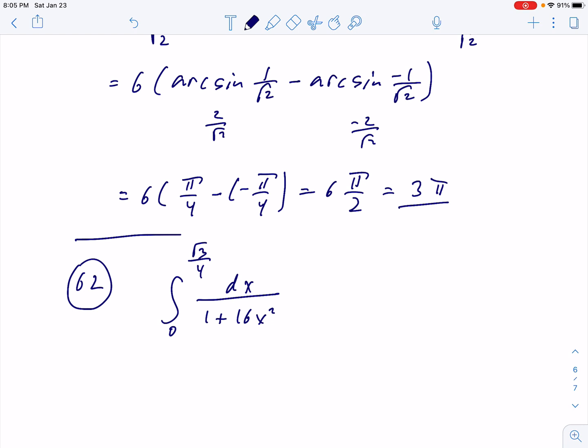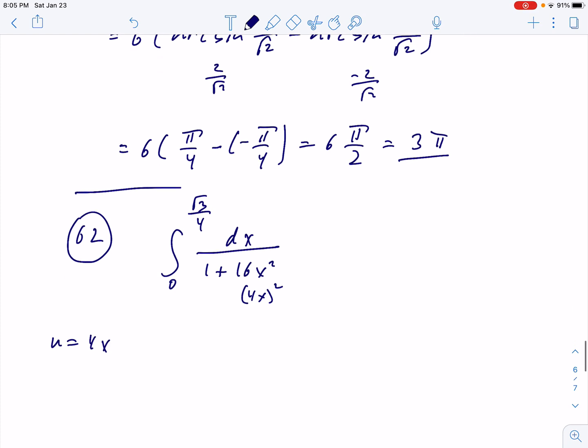It resembles arctangent, but it's not quite the same with this denominator. However, 16x squared we can write like 4x all this squared. And we see that it's good to make a substitution. u equals 4x. So making this substitution, we get du is 4 dx.